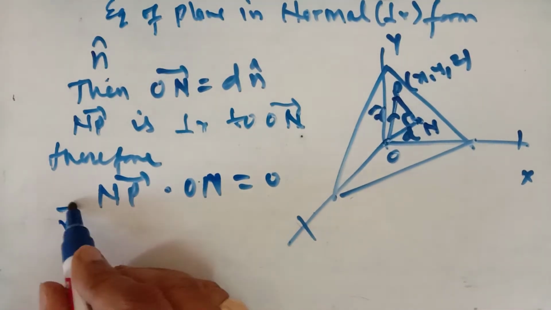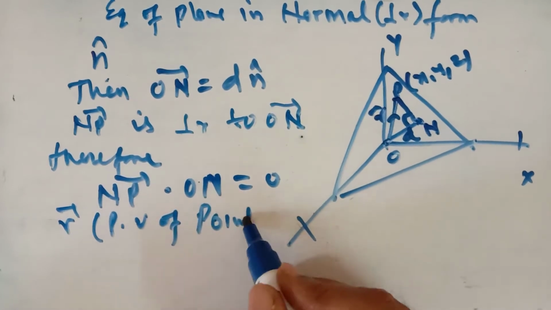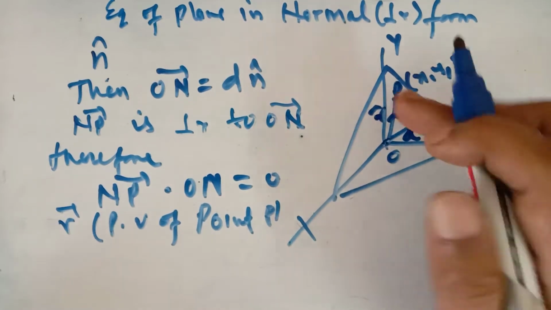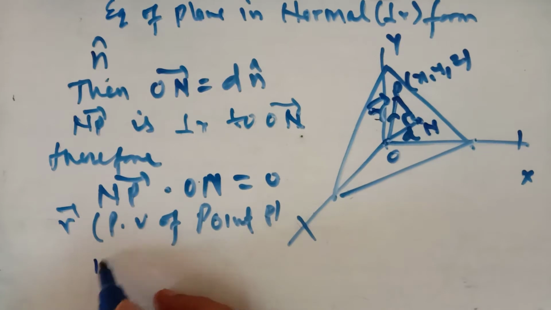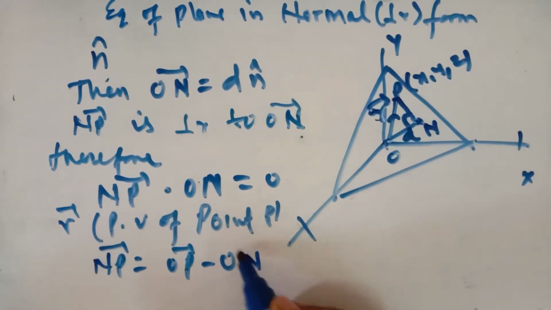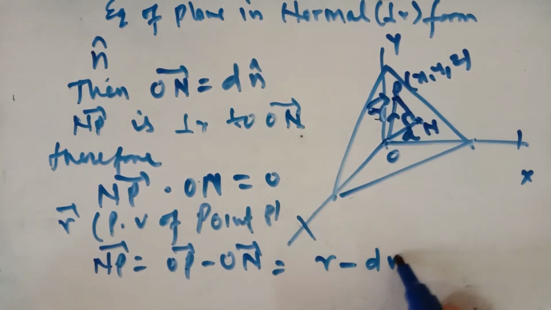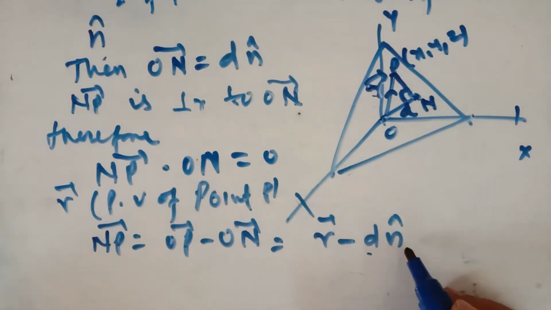Let r be the position vector of the point P. There is a point P whose position vector we have taken. This is r. Then NP will be equal to the position vector of P minus the position vector of N. You know it, and it will be equal to r minus d n cap. The position vector of OP is r, and the position vector ON is d n cap, where n cap is the unit vector along this.